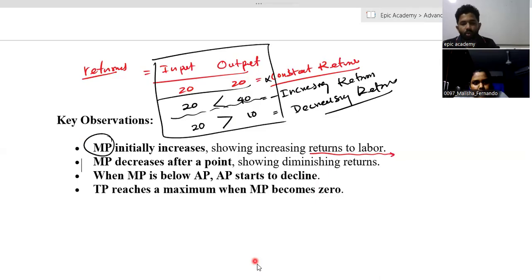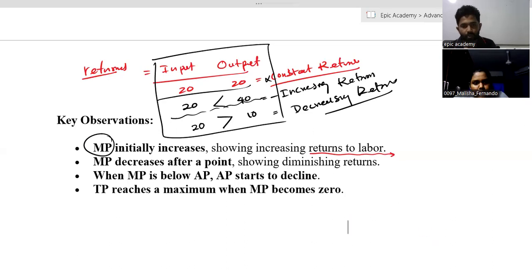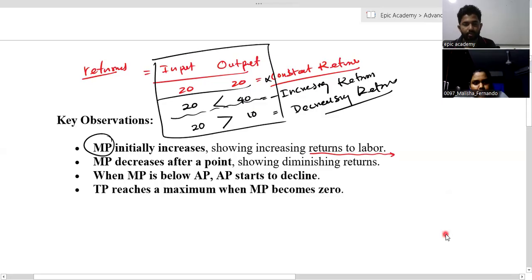No one tries to get the decreasing returns because it is not a fair situation to the entire organization. They always try to create the returns as increasing returns. That is how they are expecting in the production process.